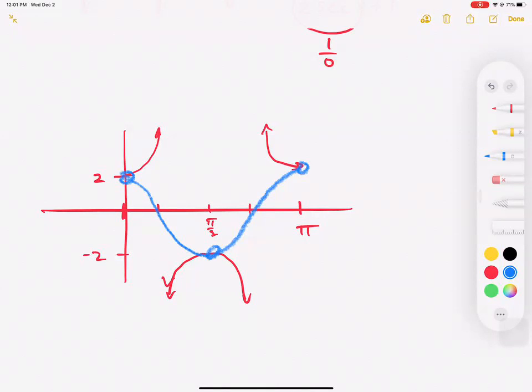Hopefully you would say it's a cosine graph. And since it's a cosine graph, the reciprocal will be a secant graph. Okay, it's a secant. What's the amplitude? Well, first, what's the middle line? The middle line is 0. If the middle line is 0, it's 2 up and 2 down. So we know the amplitude A value is 2.